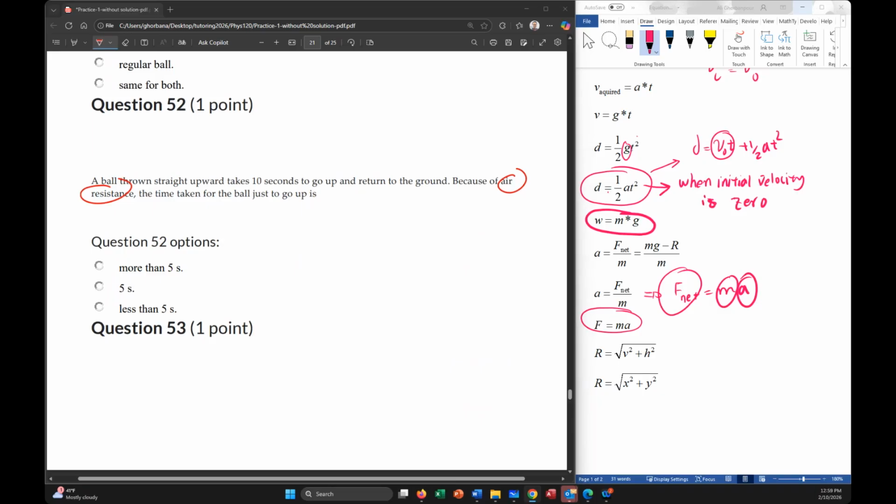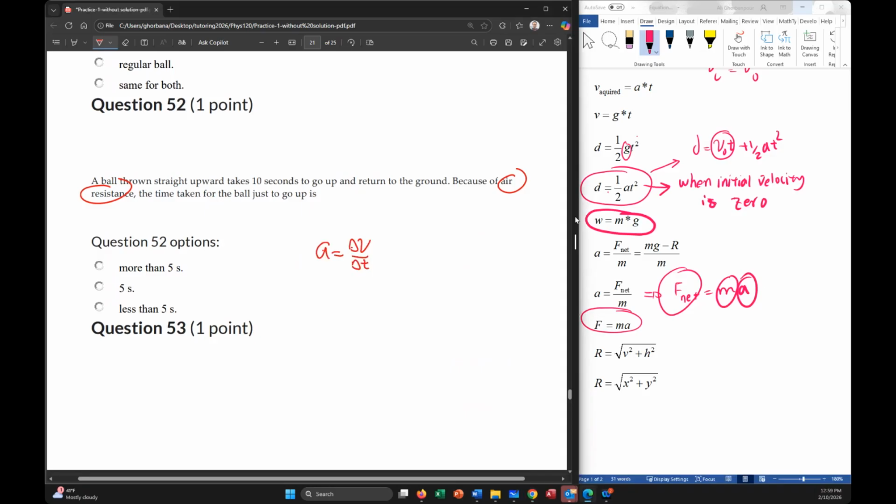There is a resistance, yes? Air resistance. So when there was no air resistance, just the force of gravity. What is the A? Change of velocity over time, yes?